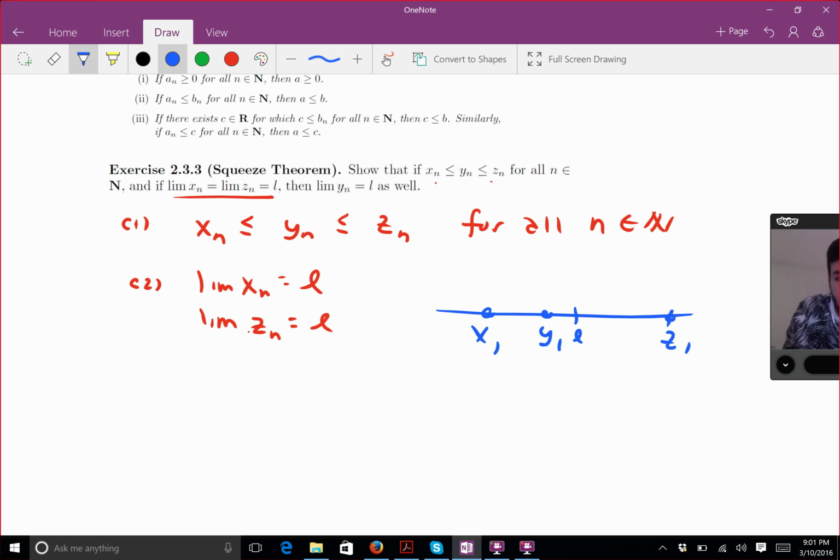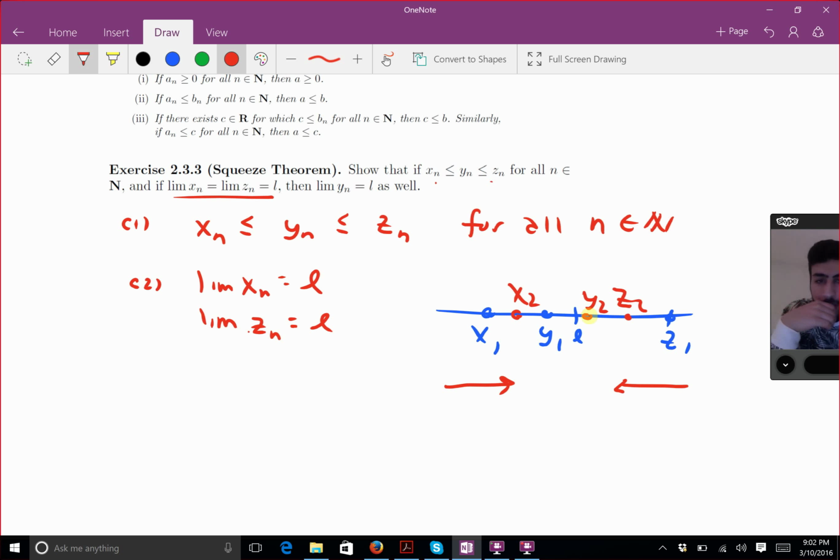This is going to be L. Now notice that x_n is converging to L, and y_n always has to be between them. So x is coming from this direction, z is coming from this direction, and it's squeezing y_n. y_n has to converge to L also.